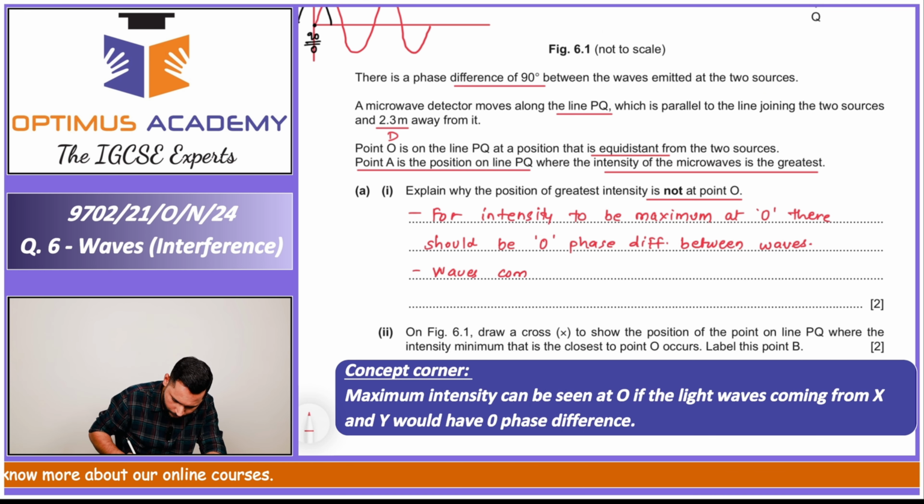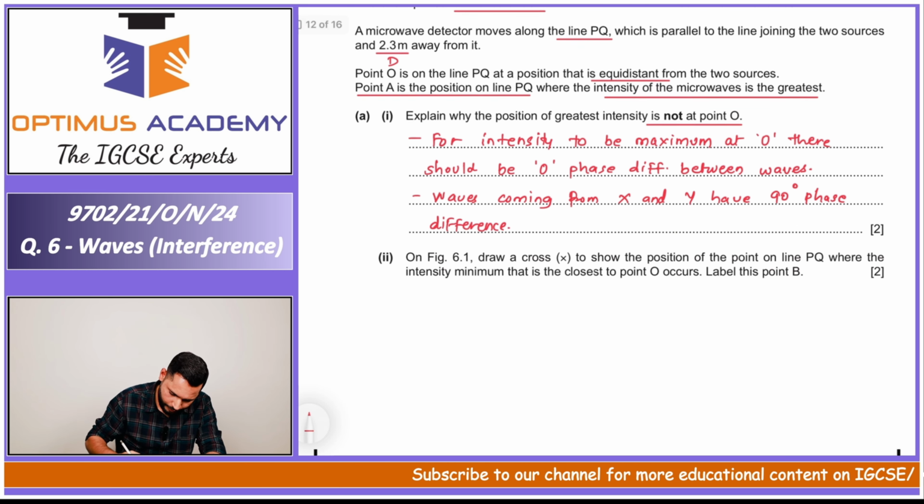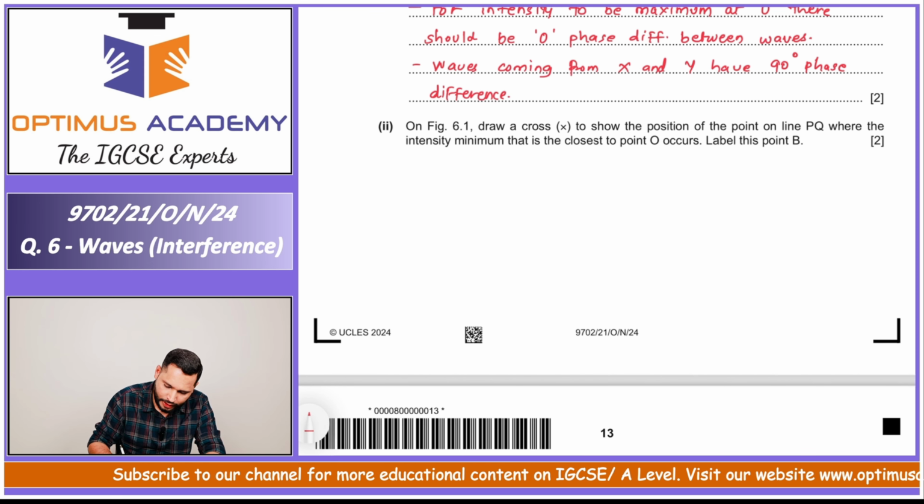Waves coming from X and Y have 90 degrees phase difference.